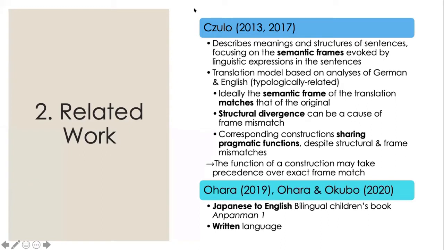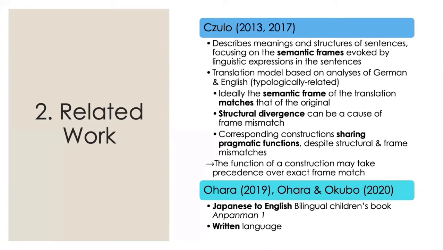As I mentioned earlier, he calls it the primacy of the frame hypothesis. However, often cases of frame mismatches exist between pairs of source and target sentences, and Ohara argued that structural divergence can be a cause of frame mismatch.